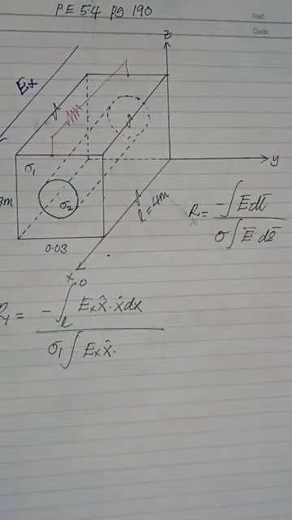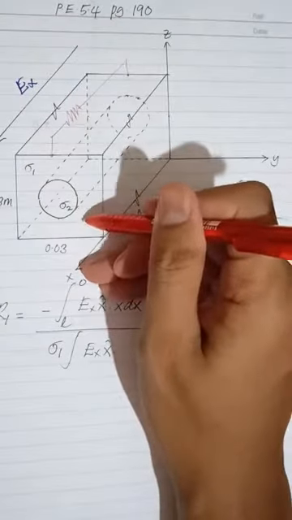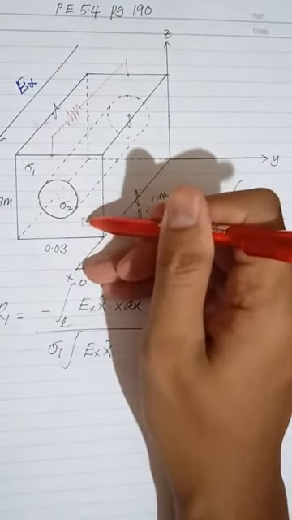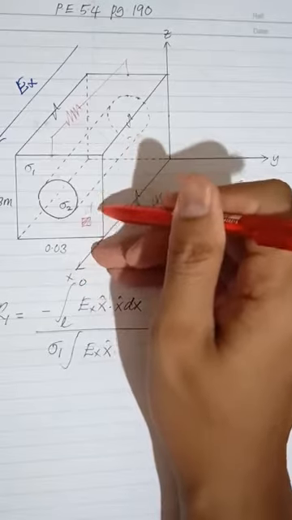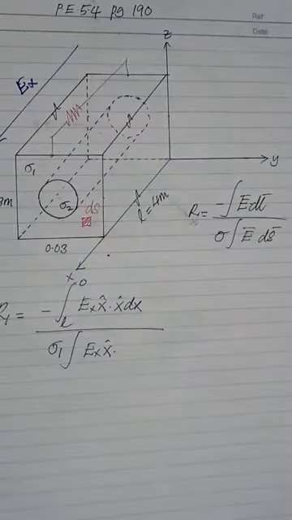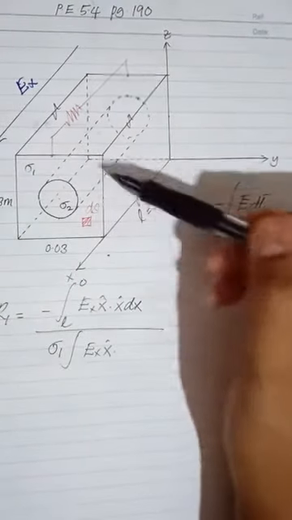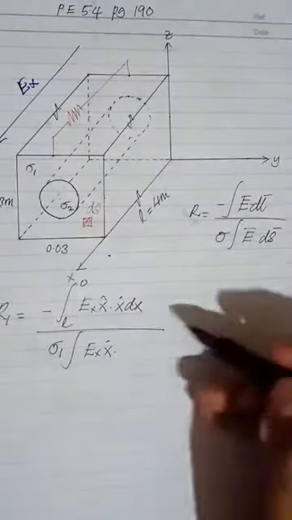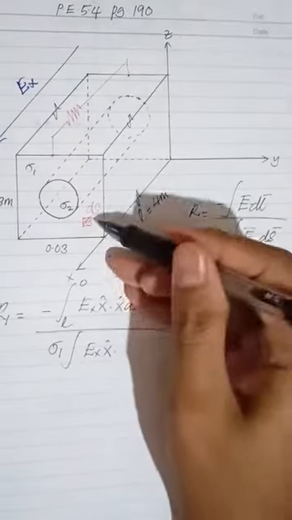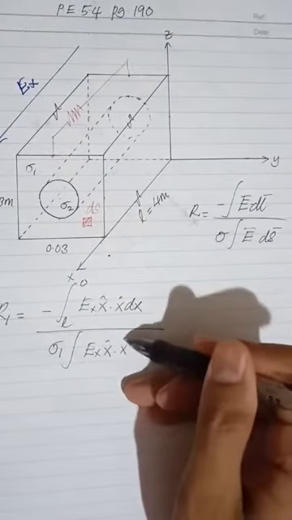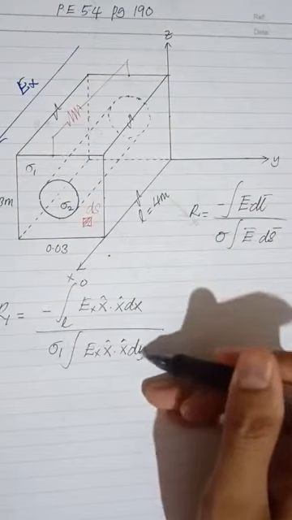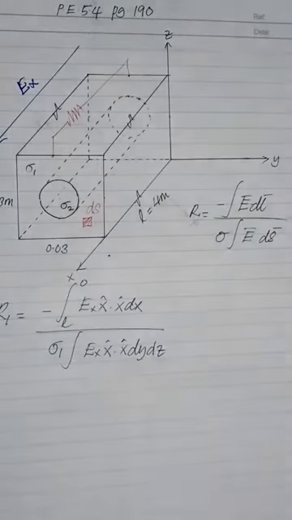Alright guys, so now we are going to find the dS. If you see, dS is the sample area taken from here. We know that the E field will penetrate across the area here, so you can simply change the dS here, in the X direction, to become dy dz.